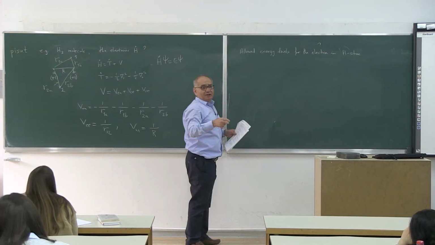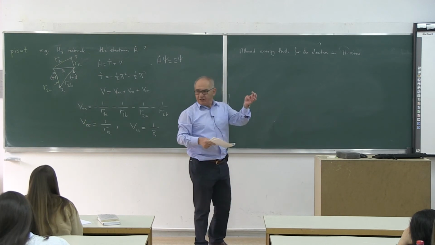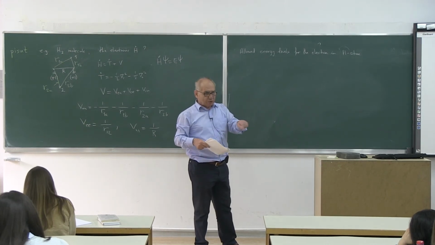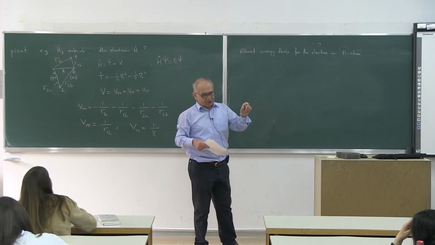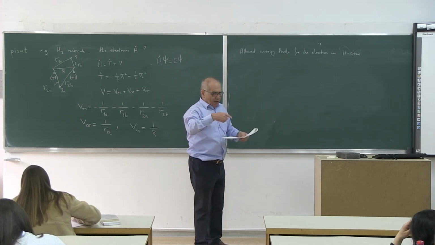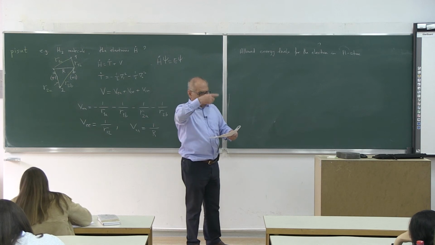Neutral hydrogen atom. Hydrogen atom has a single electron, and it has a nucleus, which is a single proton with +1 charge. And the electron is moving around this proton.